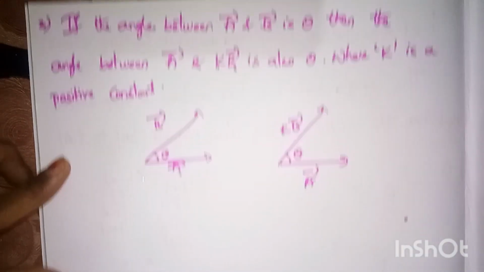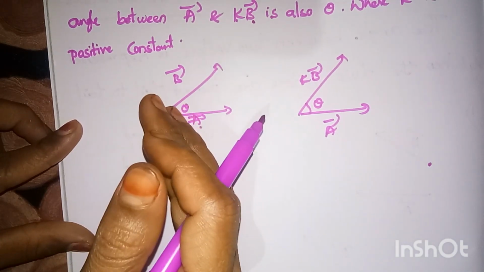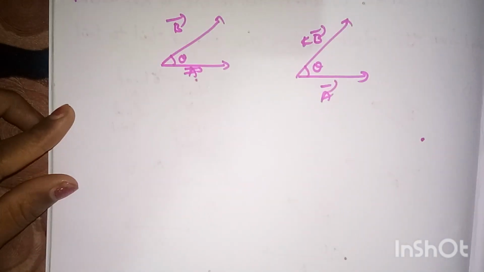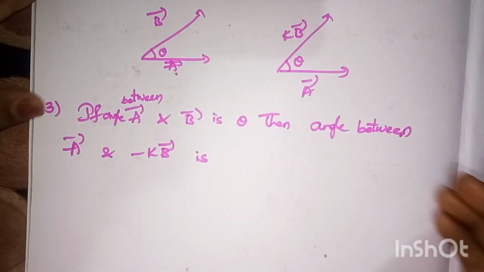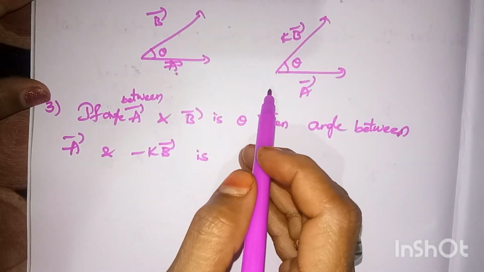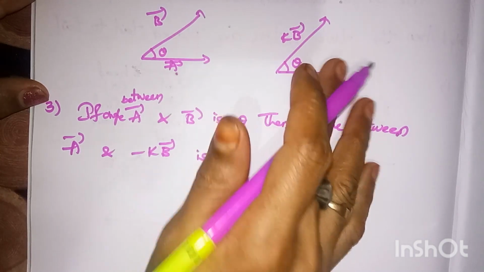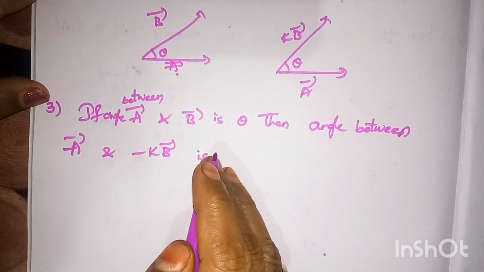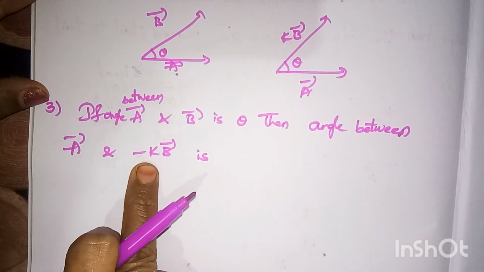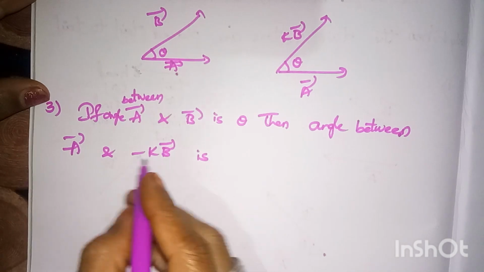Another example: suppose a vector is multiplied with a negative constant, so what will be the angle? I said that if a vector is multiplied with a positive constant, the angle between two vectors is the same. Now suppose a vector is multiplied with a negative constant, here minus k is the negative constant.